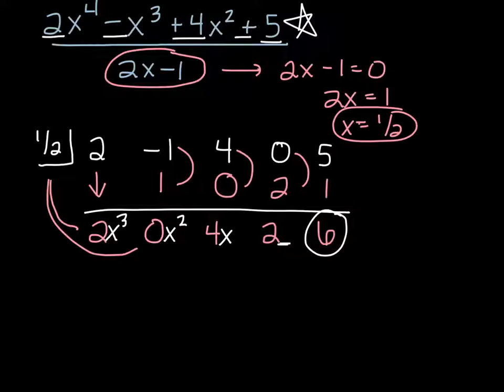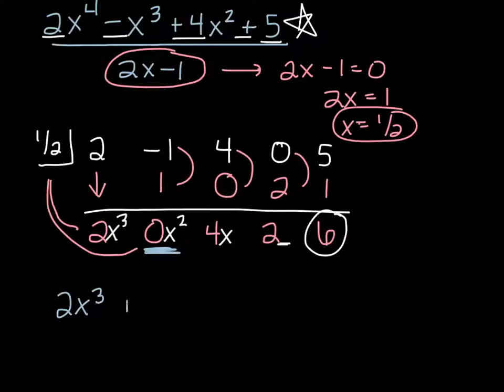And just like what we did with remainders before, when I write my final answer out, I'm going to put that over the divisor, which is the 2x minus 1. So I'm going to write it as a fraction, 6 over 2x minus 1. When I write my final answer, it would look like this: 2x to the 3rd, 0x squared, I don't actually have to write that in there.